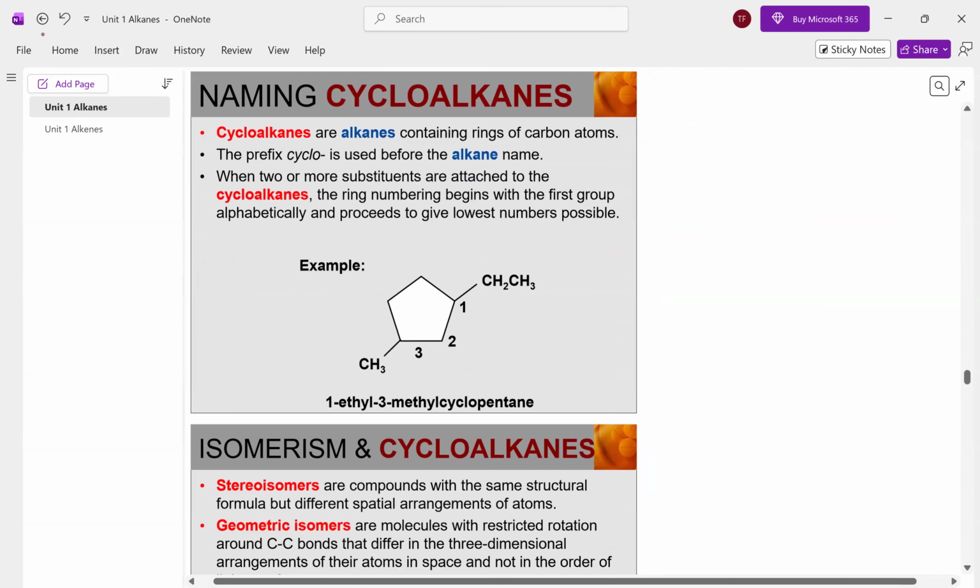Let's look at this guy here. So we've got a 5-membered ring. We have 2 branches. Now the cyclic part automatically identifies the backbone. Automatically.